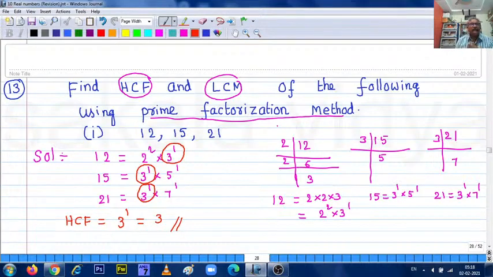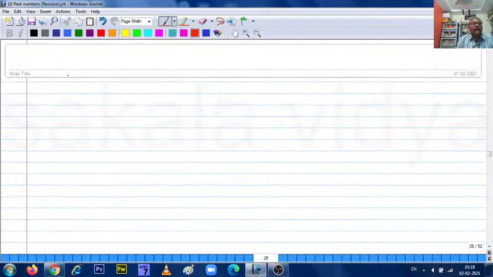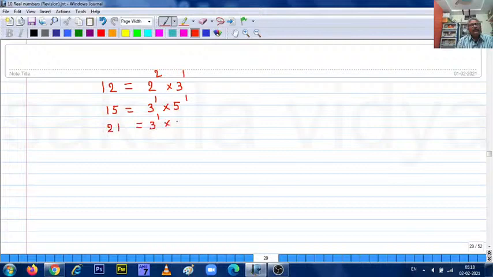Next you need to find out LCM. LCM means, again you write down 12 is equal to 2 square into 3 power 1. Next is 15, 3 power 1 into 5 power 1. 21, 3 power 1 into 7 power 1.